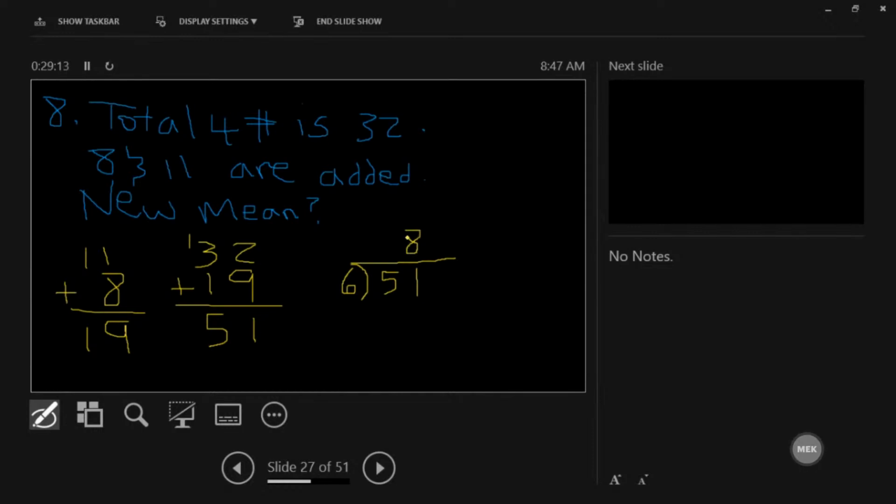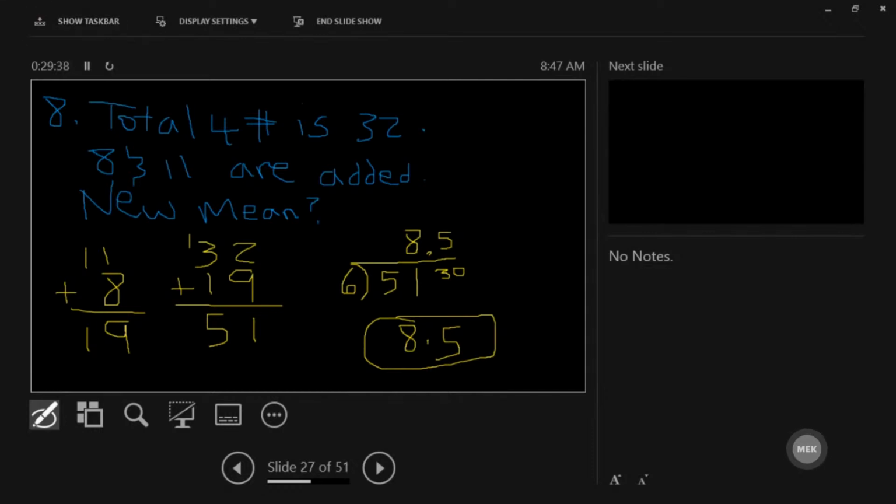So that's 8 times, remainder 3. And then we add a 0 to that, so it's 8.5, right? 8.5 is the new mean. So that's how we do it.